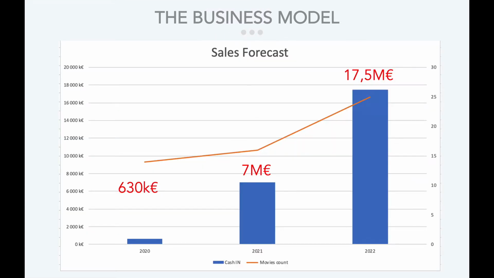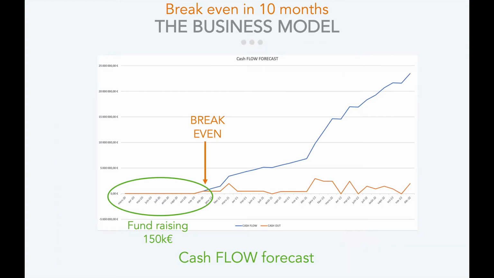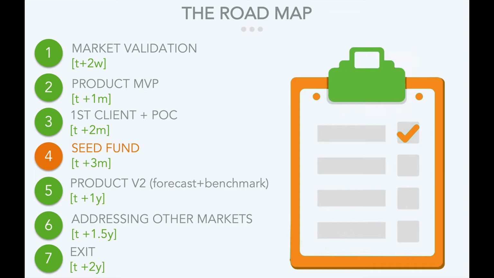With that in mind, we plan to reach almost 18 million euros of revenue in year 3 with only 25 movies analyzed this year. Nothing compared to the 5K movies created each year by the leading countries. We will reach break-even within a year, and we already have a quite optimistic roadmap: validate the market needs in the next 2 weeks and expect an exit within 2 years for this industry.